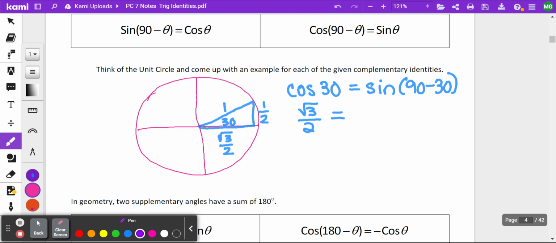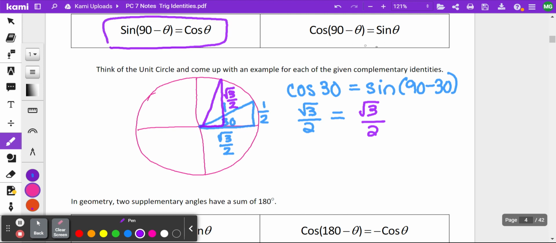Well, if you think about that angle, wouldn't that look like this? And the sine of 60 is root 3 over 2. So that's a very specific example for this. Okay, and in the same fashion, this one would work. So the cosine of 90 minus an angle is equal to the sine of that angle. Okay, and I'm sure you can come up with examples on your own for that. Very similar.